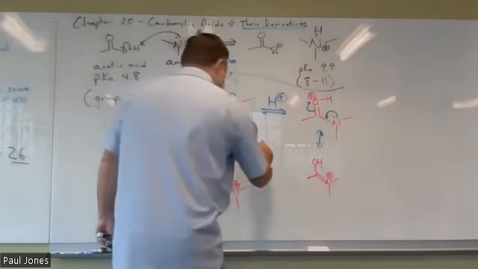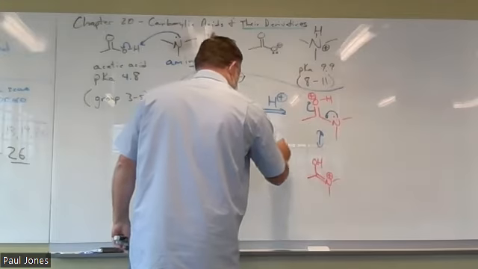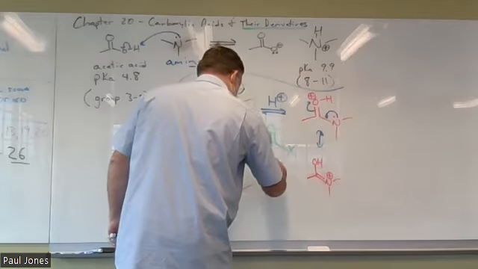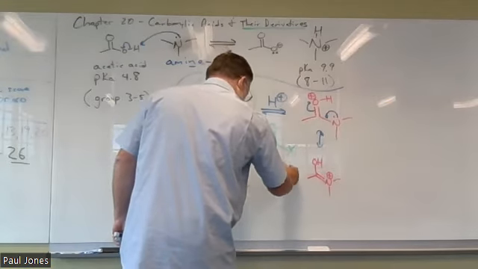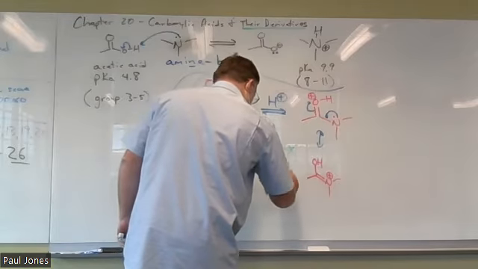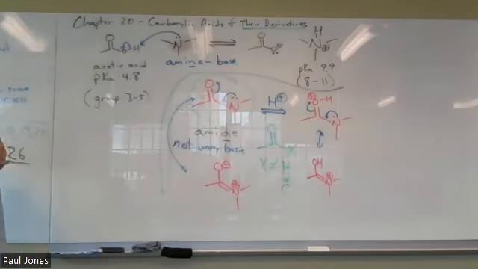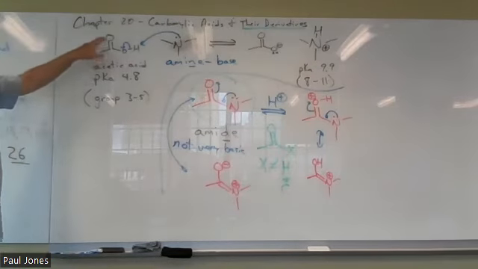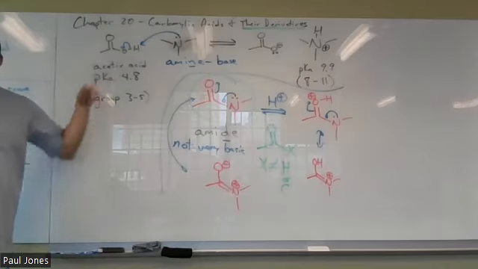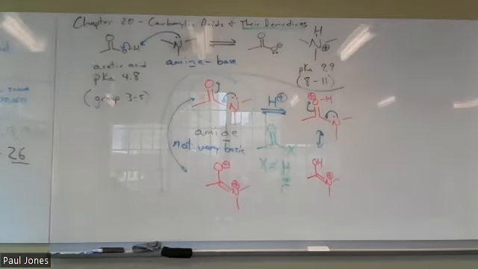Moreover, a carboxylic acid derivative looks like this. A carboxylic acid derivative is going to have a carbonyl directly bonded to an atom that is not a carbon or a hydrogen. If you have a carbonyl only bonded to carbons, that's a ketone.